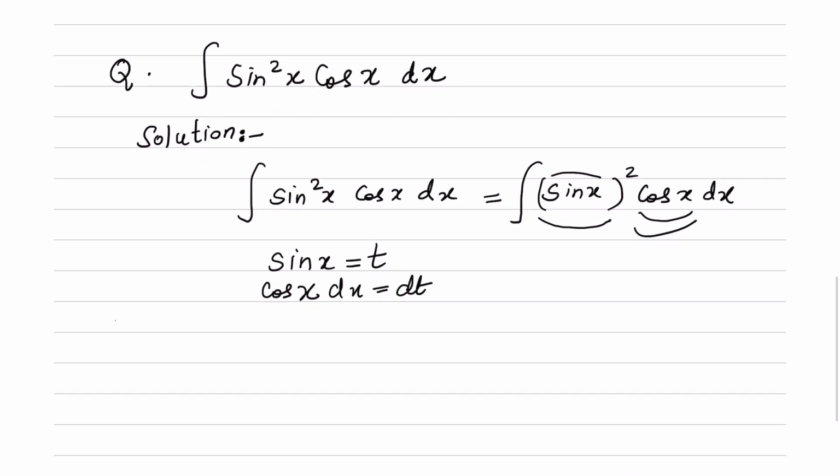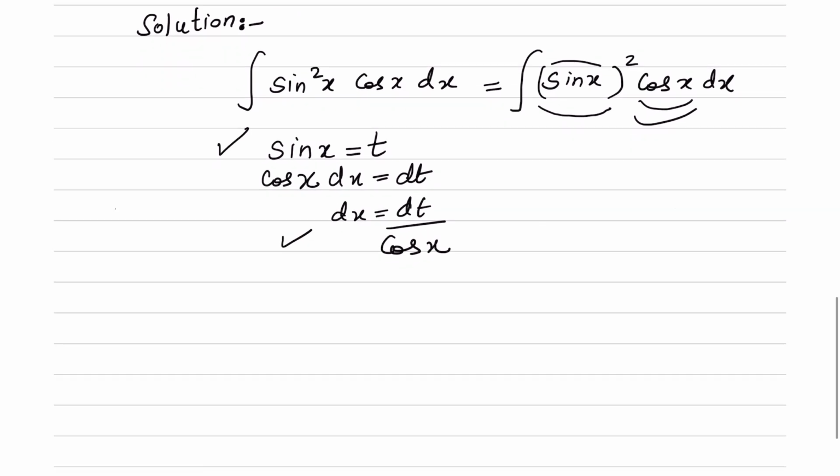Put this value of sine x equal to t and dx equal to dt by cos x in our main integral. So we have here in the place of sine x we have t square and the cos x, and the value of dx is dt by cos x.